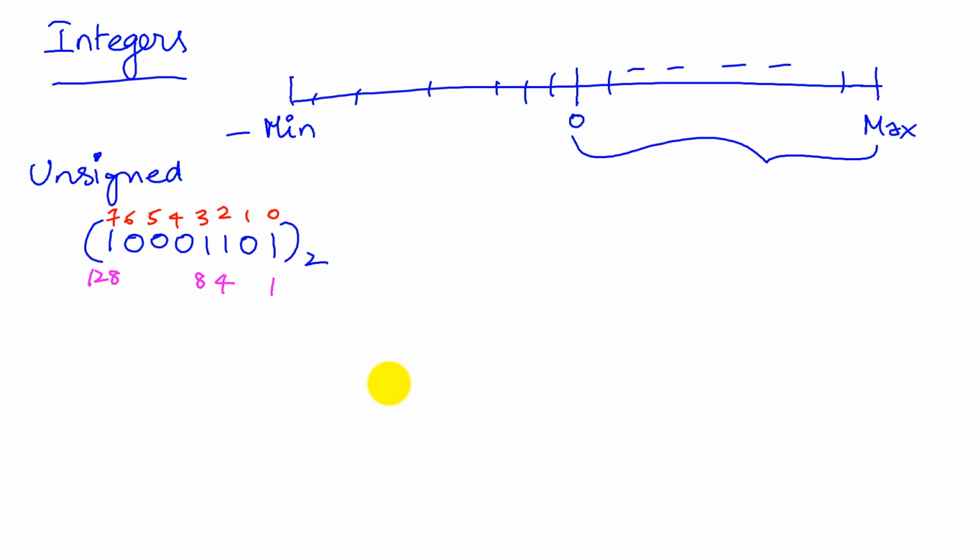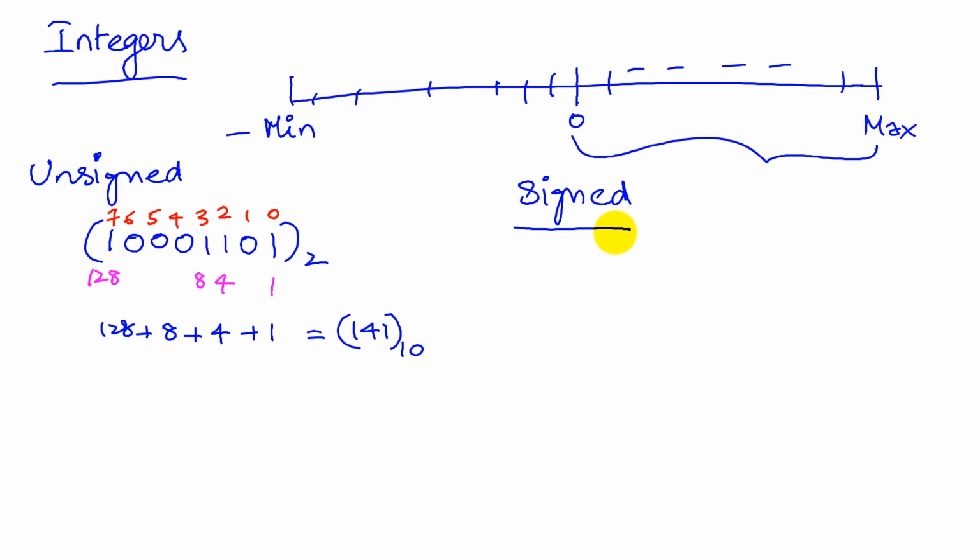So I'm going to write this number as 1 plus 4 plus 8 plus 128, which is the number 141 in base 10. So what if we want to represent numbers that can have a sign? That it can be a positive number or a negative number. So let's take a look at what such a representation would look like.